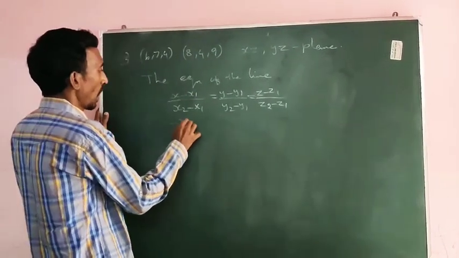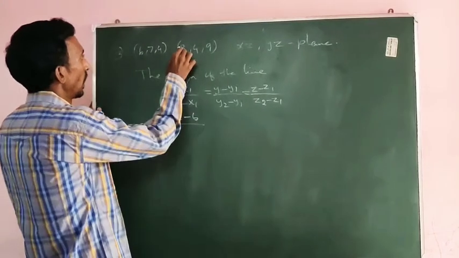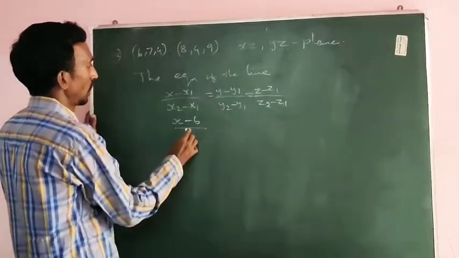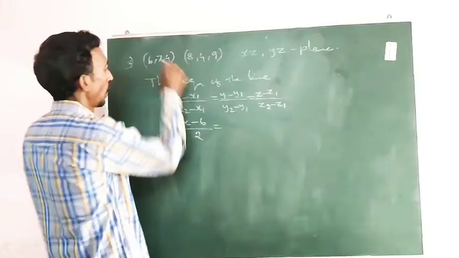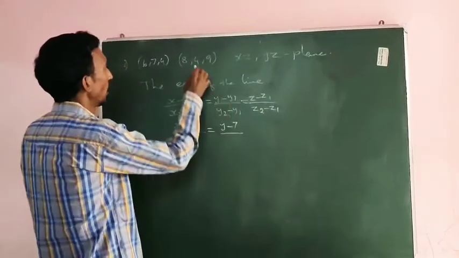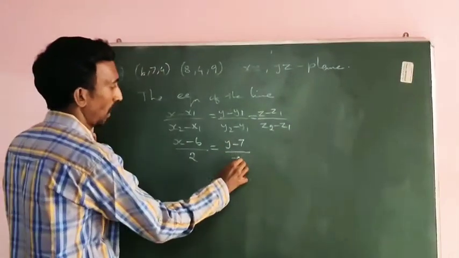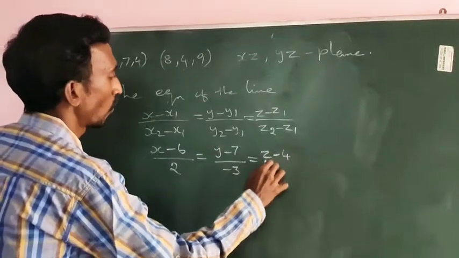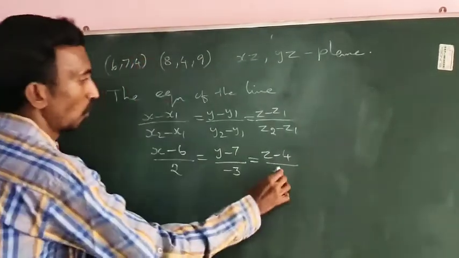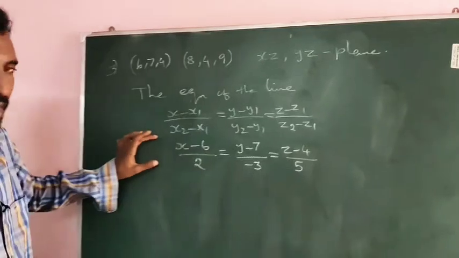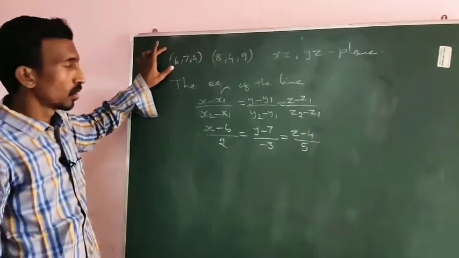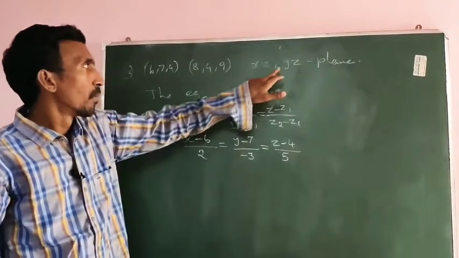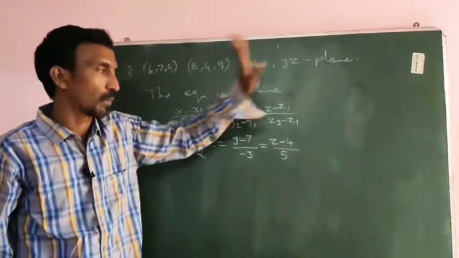So we are getting (x minus 6) by (8 minus 6), so 2, equal to (y minus 7) by (4 minus 7), minus 3, equal to (z minus 4) by (9 minus 4), 5. So we are getting the straight line passing through two points. Now the aim is to find out where this line meets the xz and yz planes.